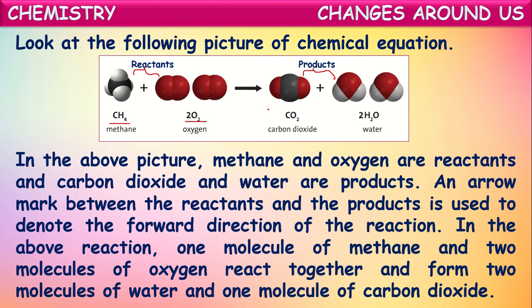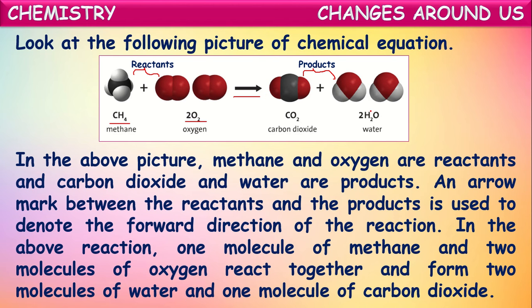In between these reactants and products, an arrow mark is shown. The arrow mark between the reactants and products is used to denote the forward direction of the reaction, meaning these are producing these. So the left hand side substances react together to yield the chemical substances shown on the right hand side.